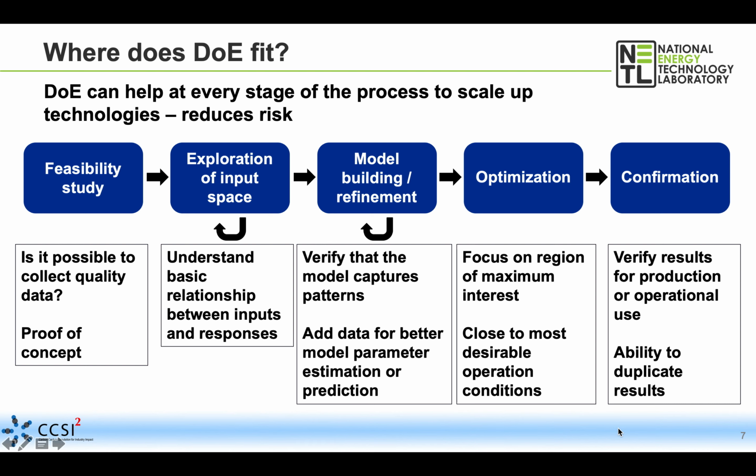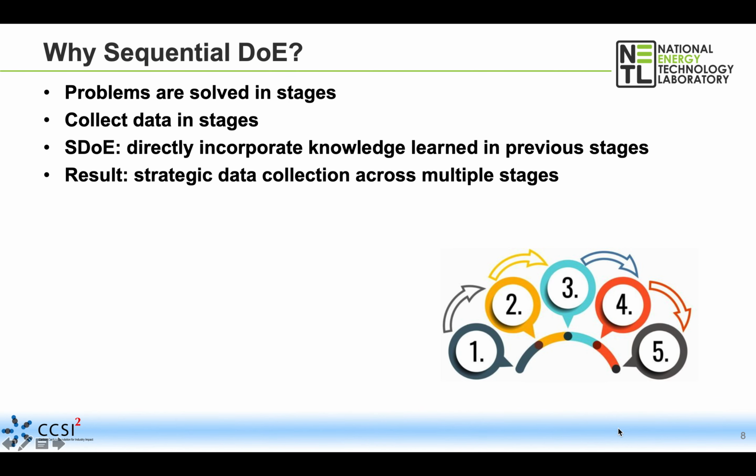As we move into the model building, model refinement, reducing uncertainty in our model, and then optimization as we start to focus in on a region that's of maximum interest to us. Finally, the final stages of our process might be confirmation, verifying the results for operational use. At each one of these steps, design of experiments can play a really useful and important role.